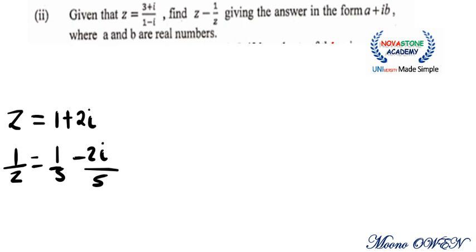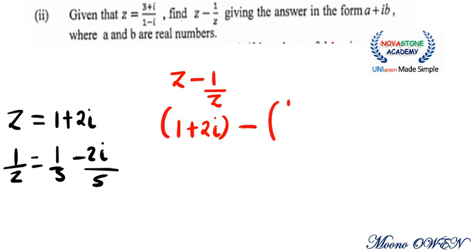Now let's solve. Our question is z minus 1 over z. Now we found that z is 1 plus 2i. Then we're subtracting 1 over z. 1 over z, we found that it is 1 over 5 minus 2i over 5.